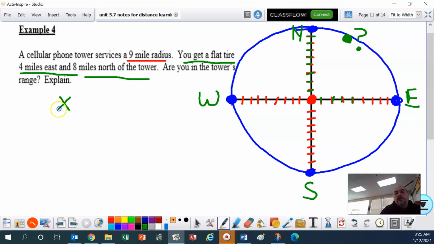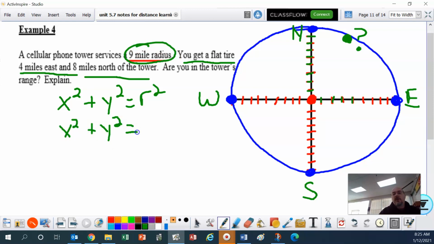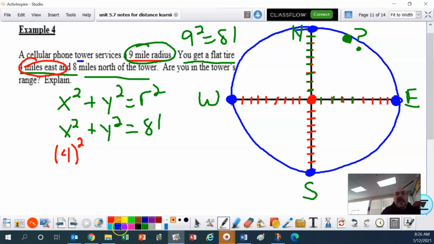Now remember, x squared plus y squared equals r squared. We know that the radius is 9 miles, so that would be x squared plus y squared equals 9 squared, which is 81. Now, 4 miles east, that's the x value, so I'm going to go 4 squared. 8 miles north, that's the y value, so plus 8 squared, equals 81.